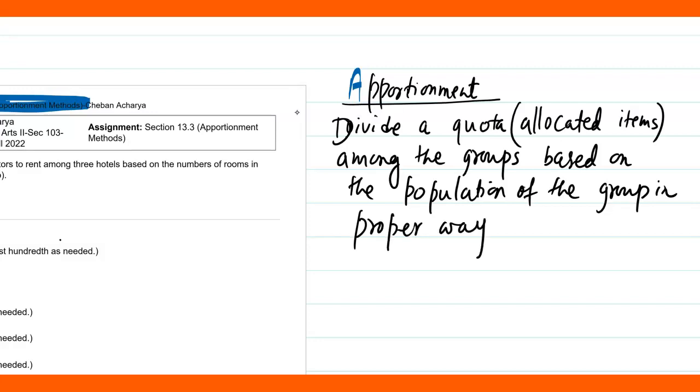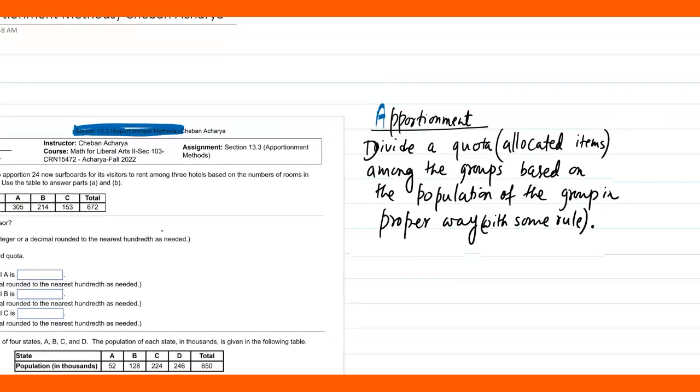Proper way. Not randomly, but with some rule. That is called apportion. Apportion means you divide the number of items among the groups based on the population.